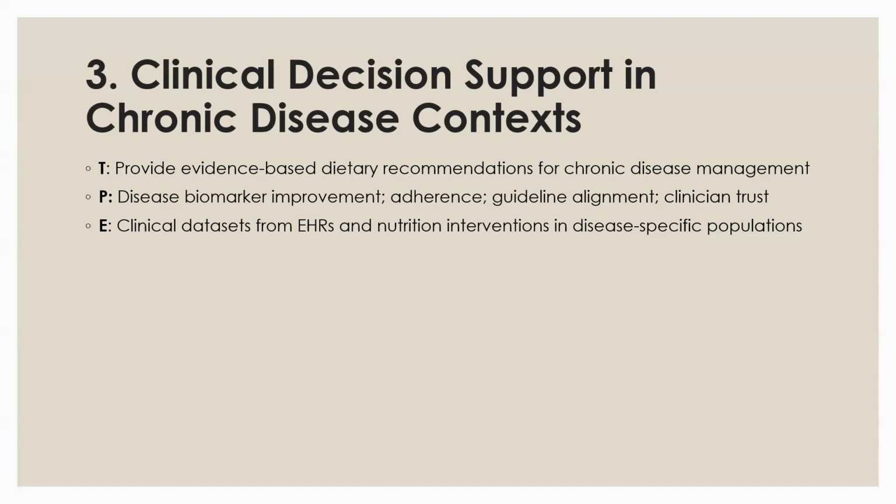If some clinical data sets of a disease-specific population, meaning patients who are suffering from some chronic disease, are entered into this system, along with how they managed it, how they recovered from it, what diet plan they used, and what solutions were suggested to them.